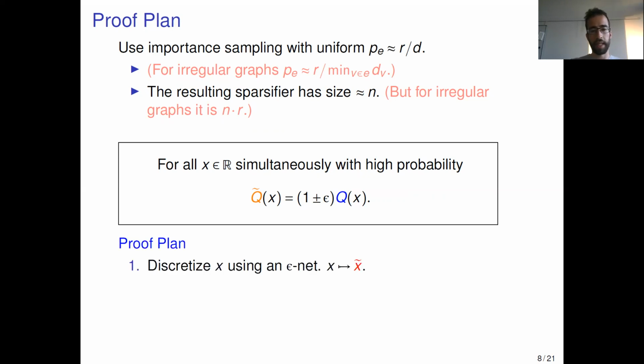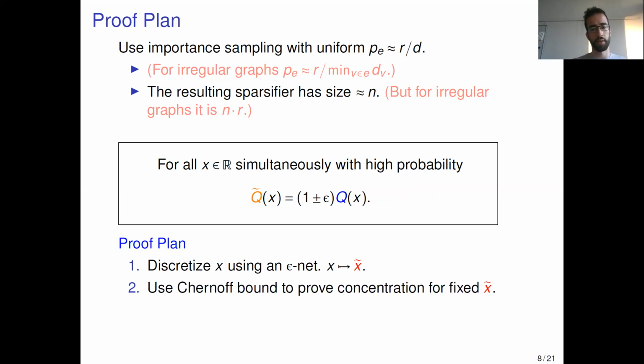So what we're going to do is first discretize x to some epsilon net. So this means that now we have to only deal with finitely many values of x tilde. And because this is the concentration of a random variable around its expectation, we can simply use typical concentration inequalities, such as Chernoff bounds, to prove this formula for a specific value of x tilde.